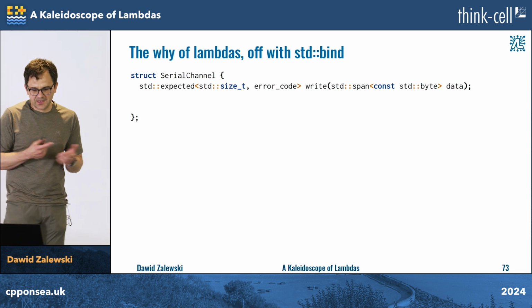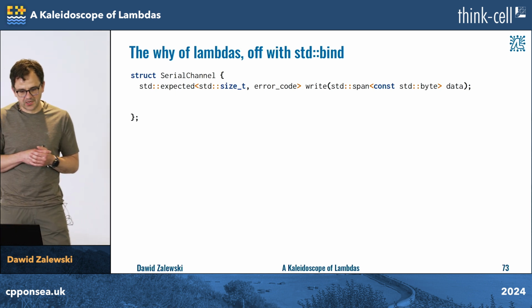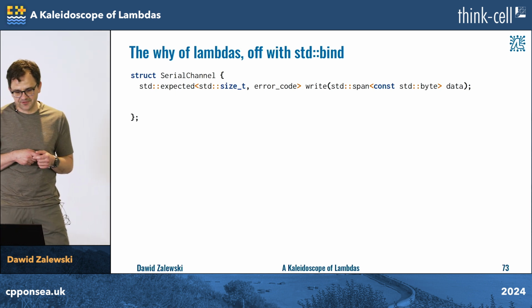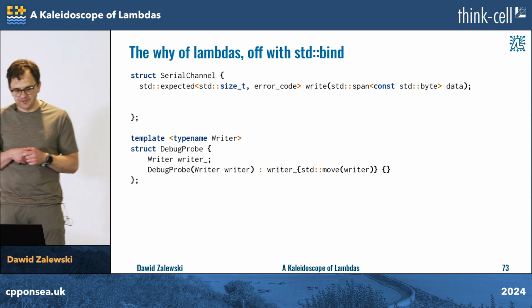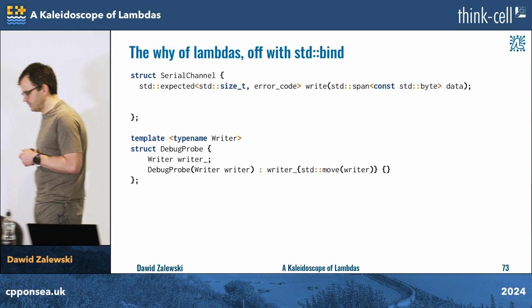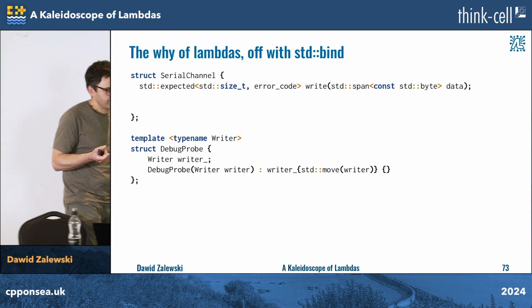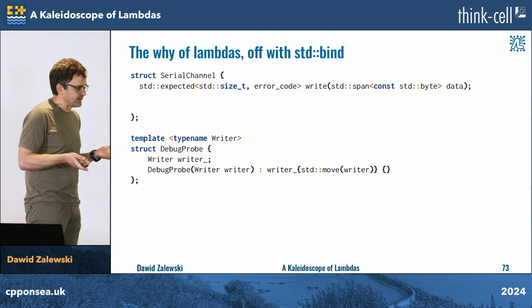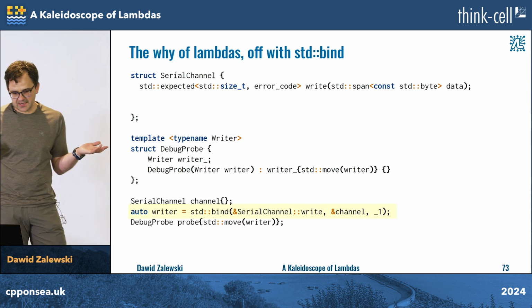So imagine I have like a serial channel with a simple function, right? Nothing special. I pass a span of bytes there and get state expected. And I want to use this serial channel as a writer to my debug probe somewhere. No problem. My debug probe expects a callable, which it can call only, so I can do it.